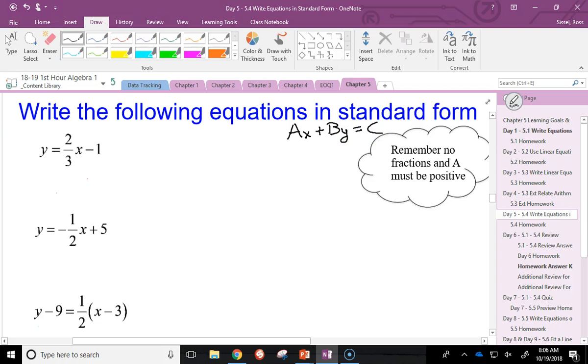So I know I have to get my x to the left side. Right now, that's the first thought I have. This ends up having to get over here, and I'm done. But if I subtract 2/3 x, my answer is negative 2/3 x plus y equals negative 1. That's not standard form because x is a fraction. Any ideas on what we do to solve this?